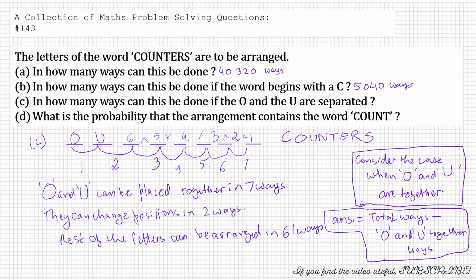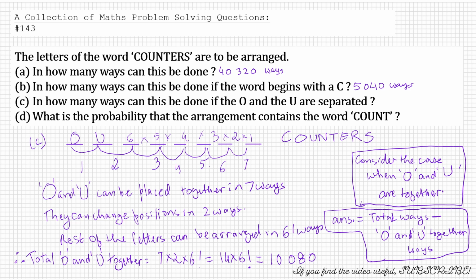The rest of the letters can be arranged in factorial 6 ways, because if you put O and U, there are 6 places that remain vacant. So the total number of arrangements when O and U are together is 7 times 2 times factorial 6, and that is 10080.